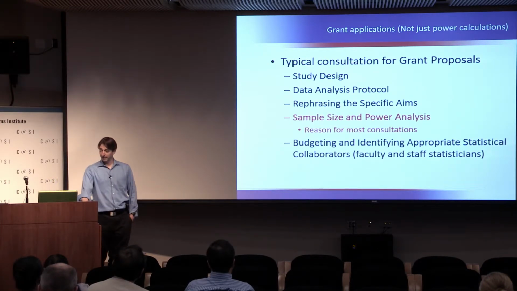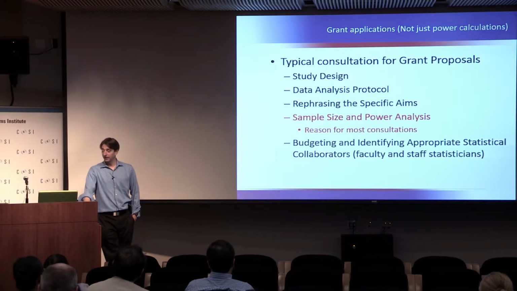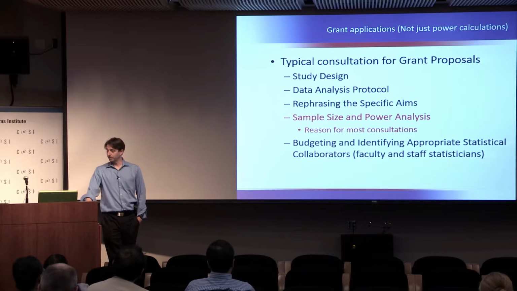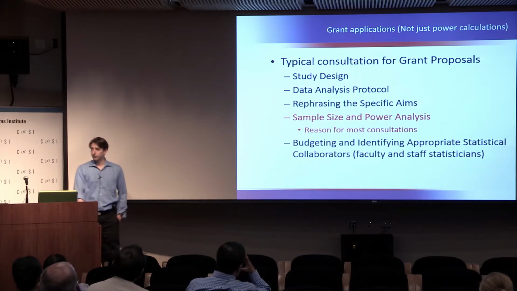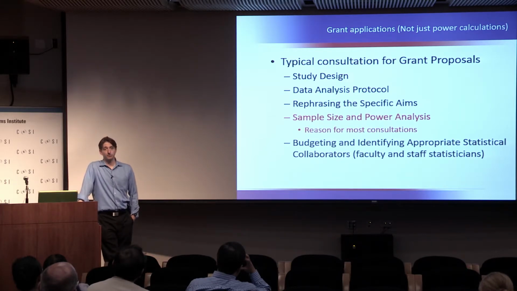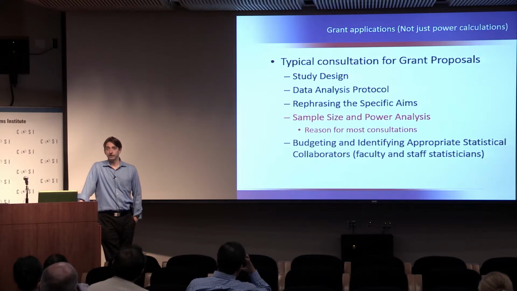So grant applications, not just power calculations. The components that I work on with my collaborators are very heavily study design and analysis protocols. Often I assist people in just trying to put together specific aims, and sometimes we go through 5 or 10 iterations of a set of specific aims before it's really solid.